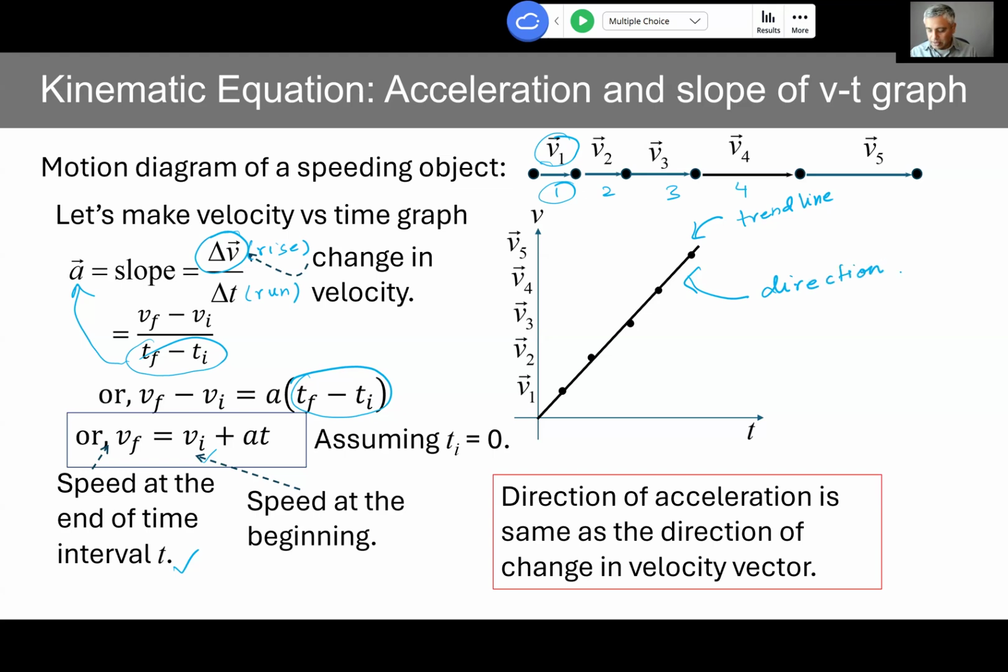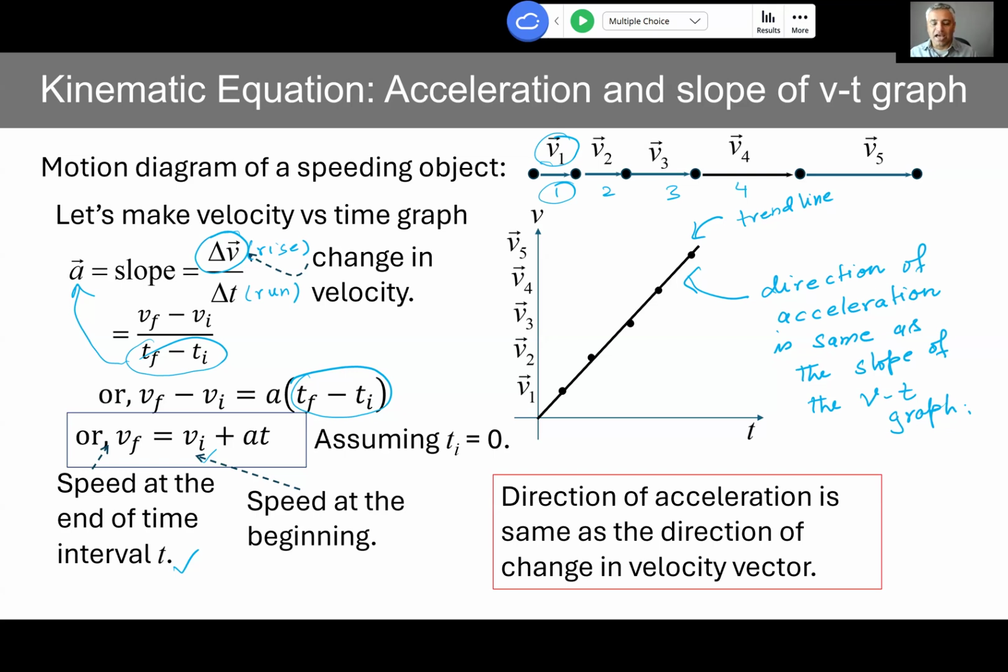Remember, we need to pay attention: not the x-t graph, the position versus time graph, whose slope would be velocity, but the slope of the velocity versus time graph, or v-t graph, is the acceleration.